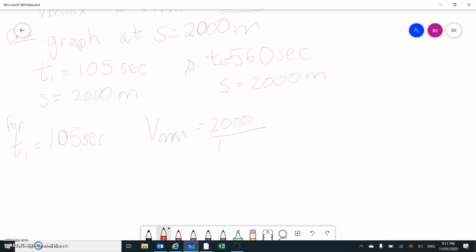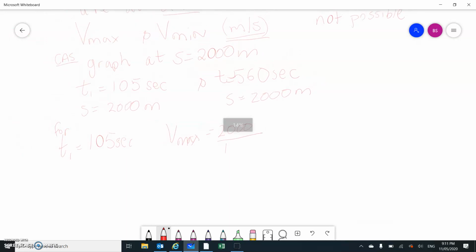So the first one, I'm just doing S divided by the time, because that's the units for velocity. So 2,000 divided by 105. I get about 19 meters per second.